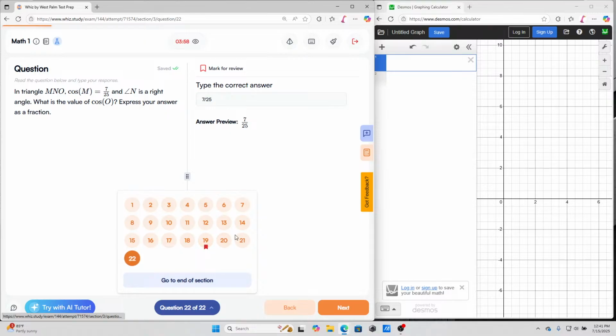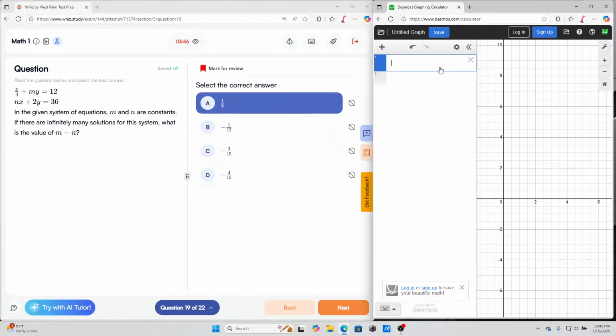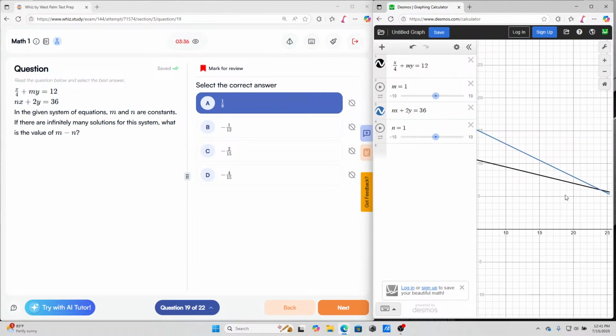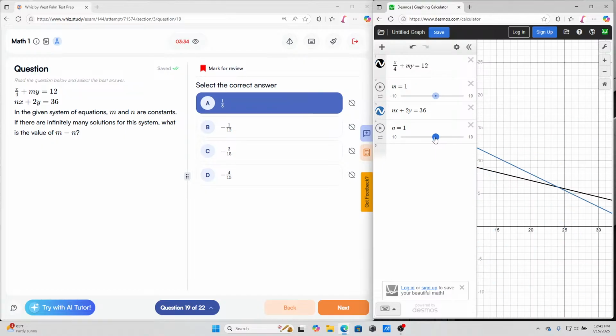Then let's revisit this one right here. We just gotta make these equal each other. So that moves it up and down.